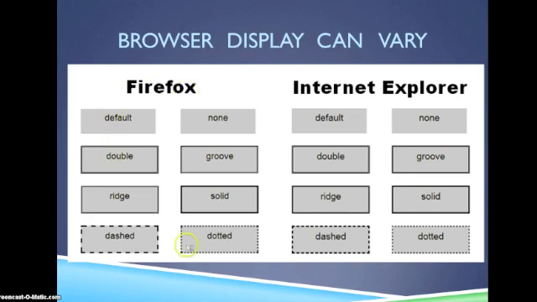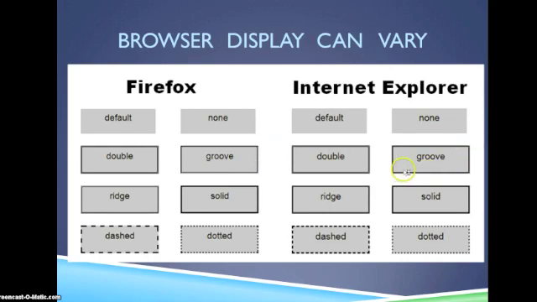Here are the different types that you can use for telling what type of border you need. We have the default. Notice there's no border, none. Again, no border. We have double. Notice those look about the same on Firefox and Internet Explorer. Notice the groove here. The groove is a little bit lighter than over here in Internet Explorer.